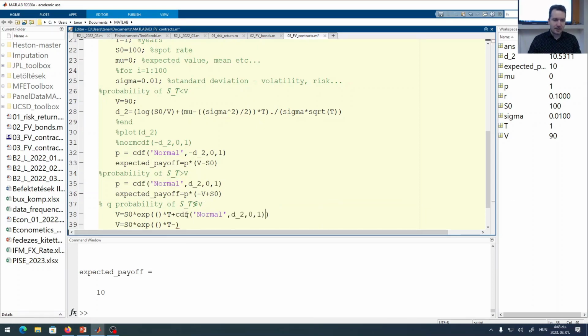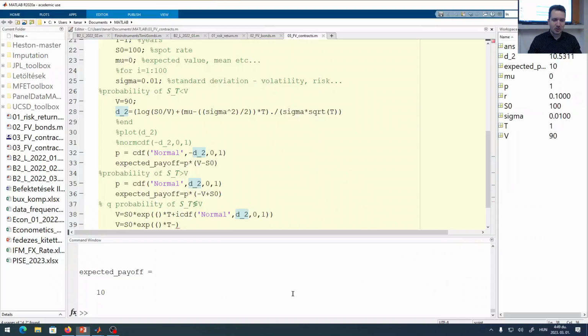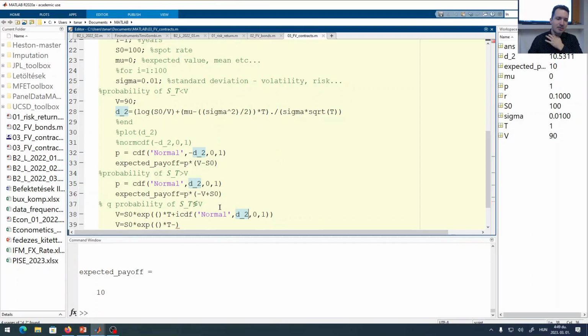Luckily, CDF and ICDF functions are completely the same, just we have different setups. And since instead of defining the probability, right now we have a predefined probability as the threshold probability, so we can say, I don't know why it's Q probability, why it's not just P probability, but okay, so 0.05, 5%.